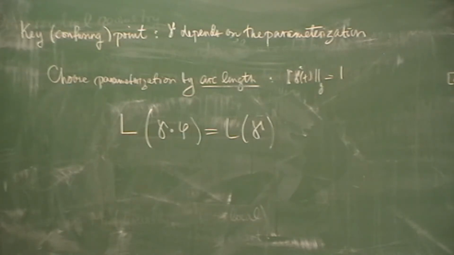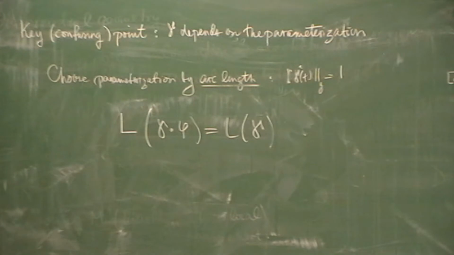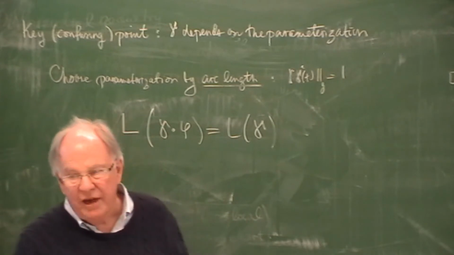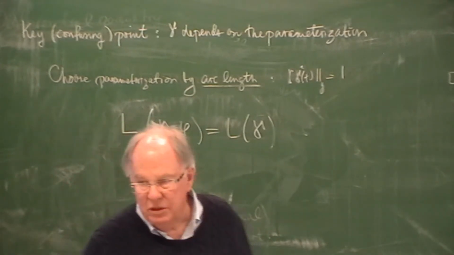You better believe it, because we're parameterizing length. And it should not have to do with parameterization. And this is a trivial calculation. You just put in change of variables and do the calculation. You've probably done this before sometime. So that's great. So that means that the length functional and the energy functional, or the action functional, are the same on essential curves.